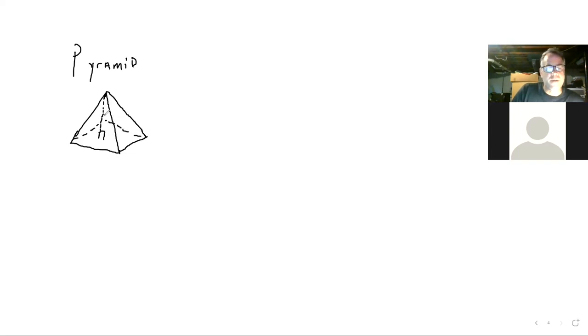So you would have a height from the top of the pyramid down to the base, hitting at a right angle. And we write the volume formula kind of like a cone. It's 1/3 times capital B times H, that height. And B is the area of that base of the pyramid.